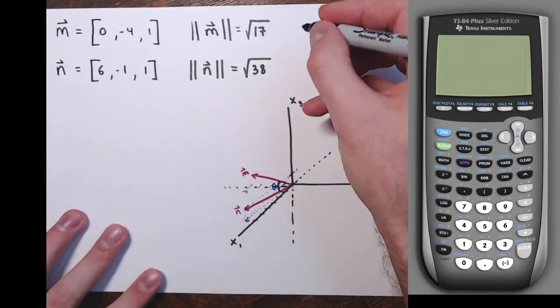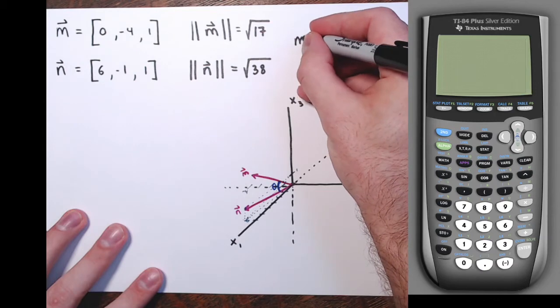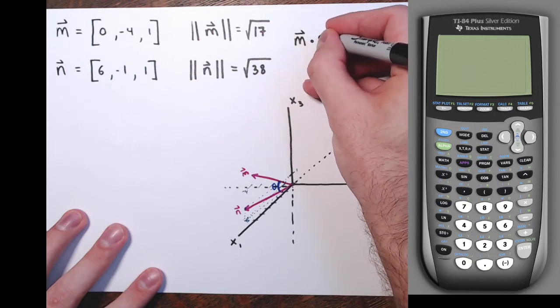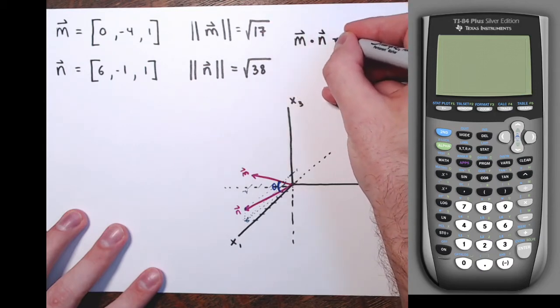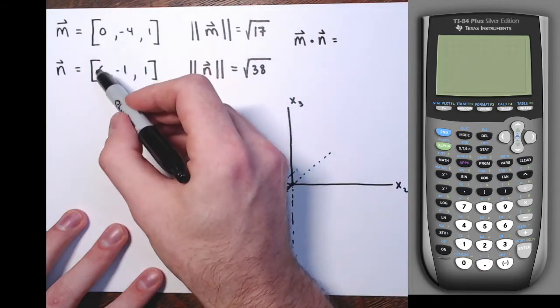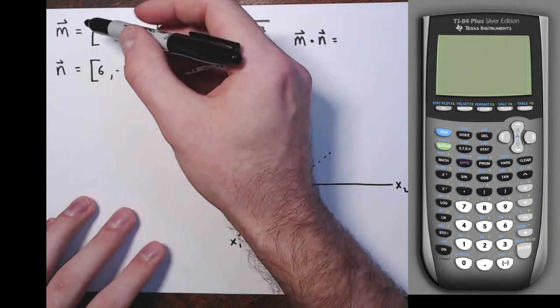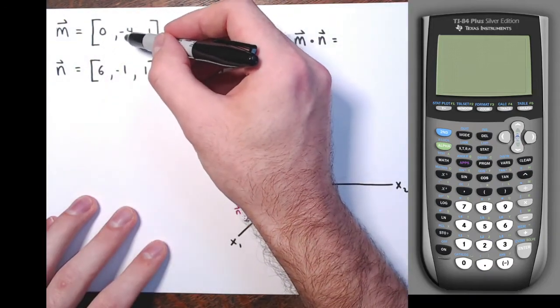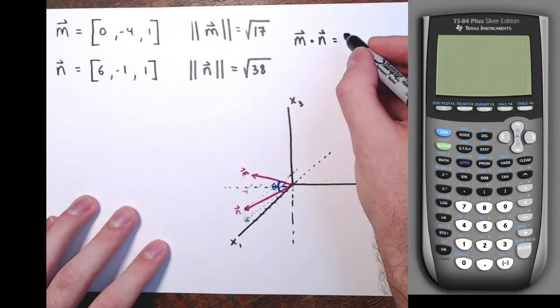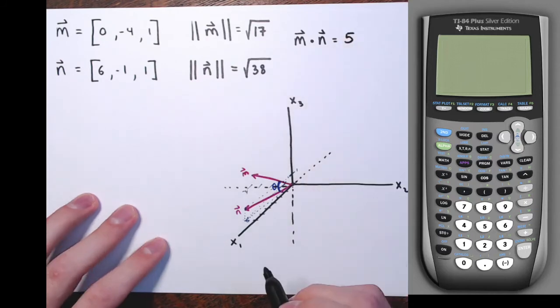All right, and then the dot product, m dot n, would be, again, the sum of the products of the corresponding components. So 0 plus 4 plus 1, which would be 5.